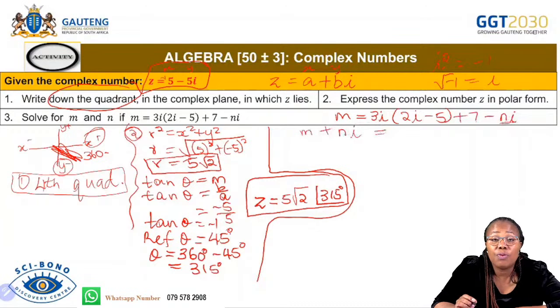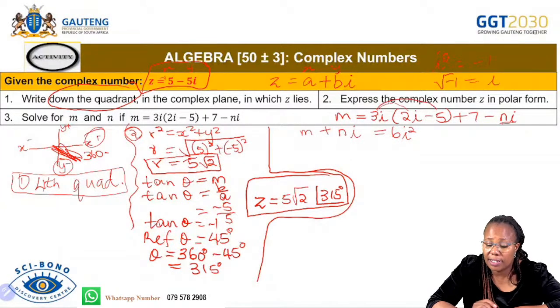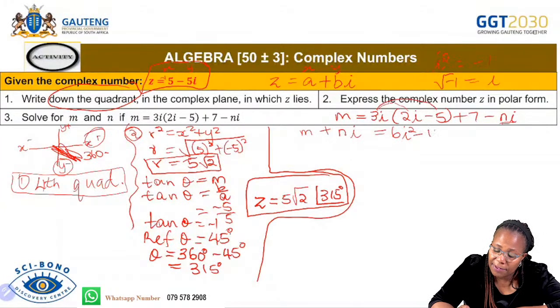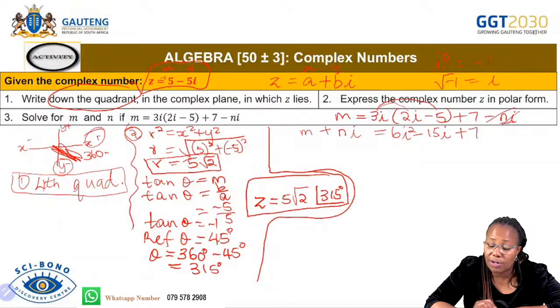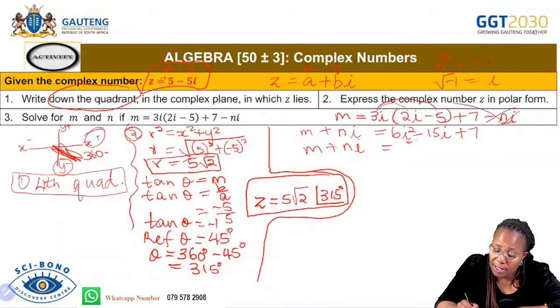So the first thing will be removing the bracket. The 3i times the 2i, that will be 6i squared. And then the 3i multiplied by -5, that is -15i, and the plus 7. Remember that one we have already transposed to the left. And then we are having m plus ni equals to, can you see an i squared there? I've already told you that if you are having an i squared, it's equal to -1.